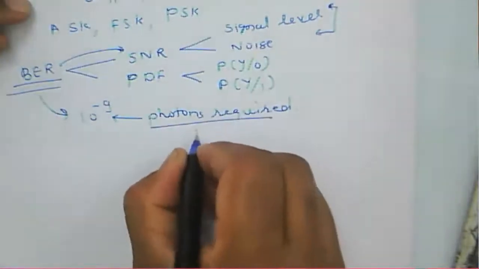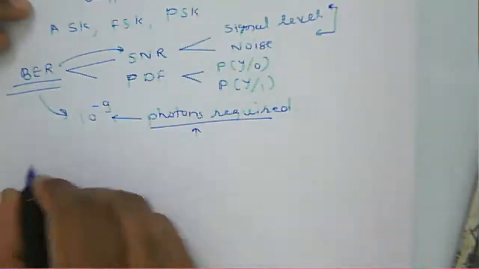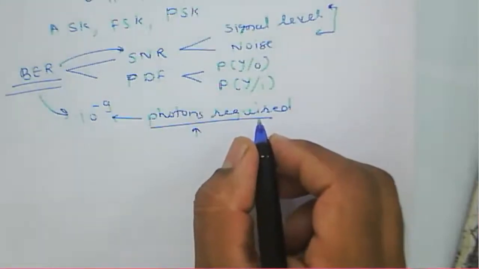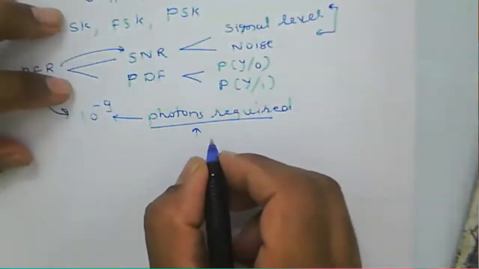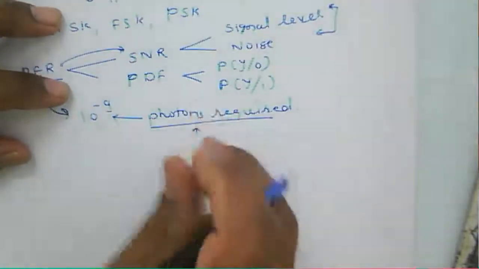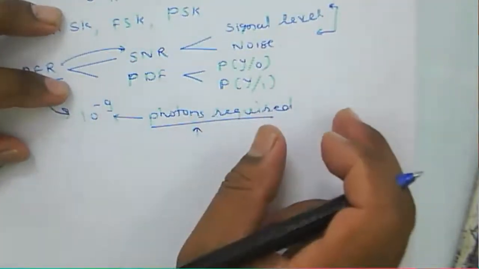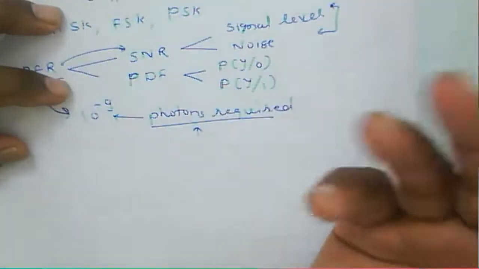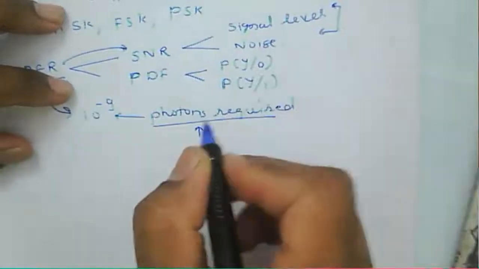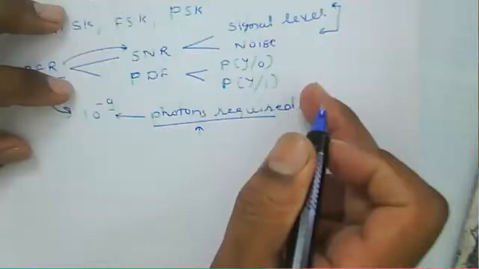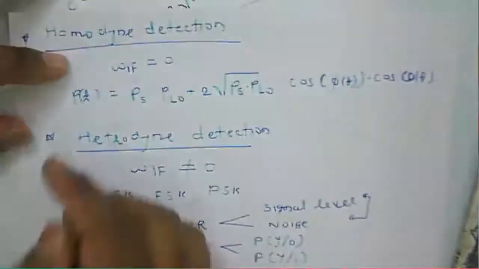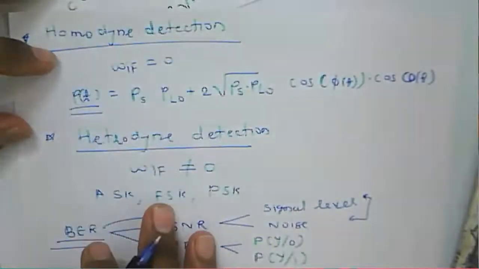Photons required means what? For the given particular light, that is a photon, it will generate an electron and hole pair. Because of the generation of electron and hole pairs, current is propagating through the system, and then we obtain what will be the power received.